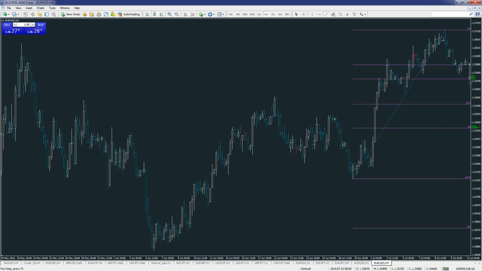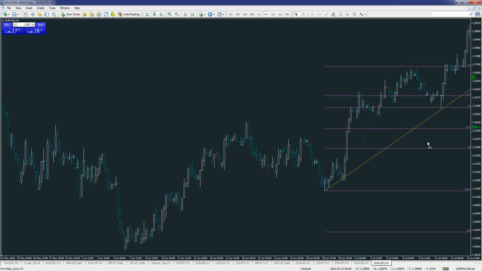The next thing we need to do is to connect the dots one more time. So we have a low point over here and we have a new low posted. We already know that this high is higher than the previous highs. So we connect the dots and we wait for the next perfect moment so we can buy.